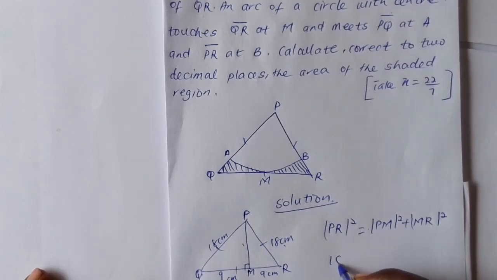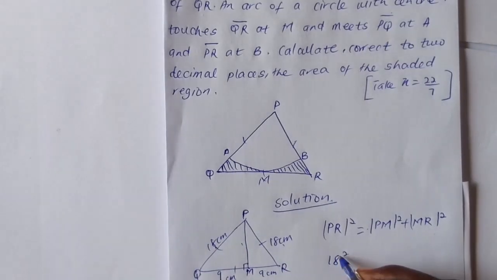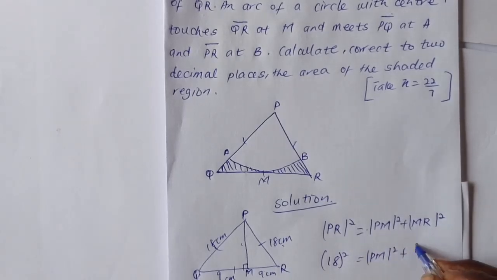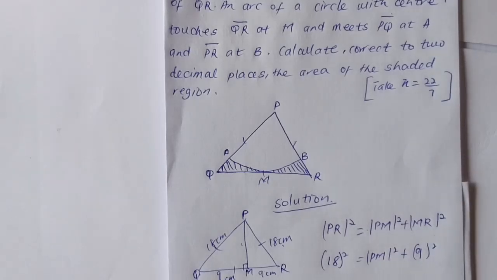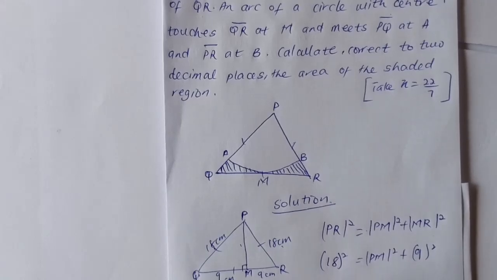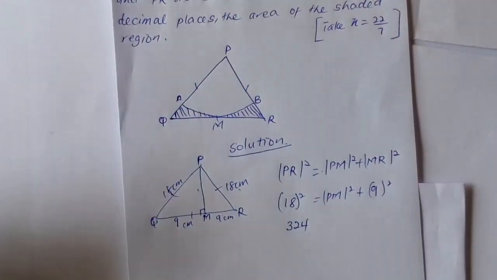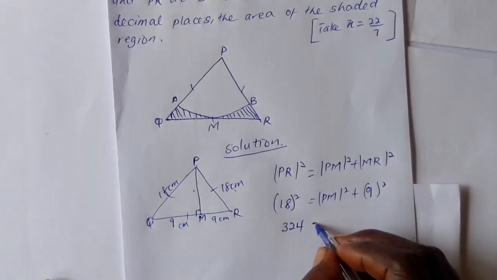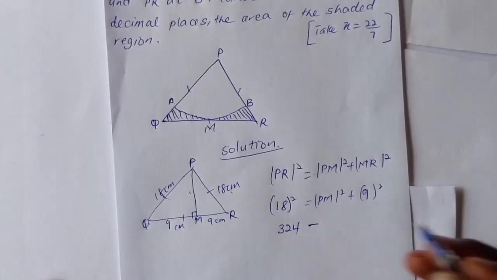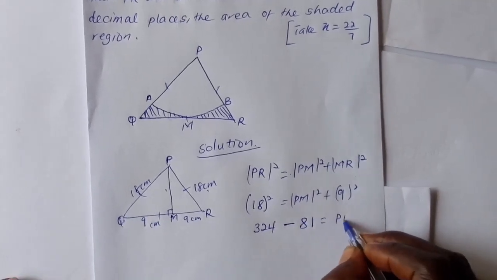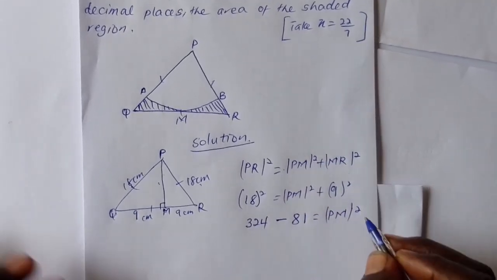Now this is 18 squared, that is PM squared plus 9 squared. Now 18 squared, which is 18 times 18, what are we getting? 324. This equals, or we can say that 324 minus 81 equals PM squared.